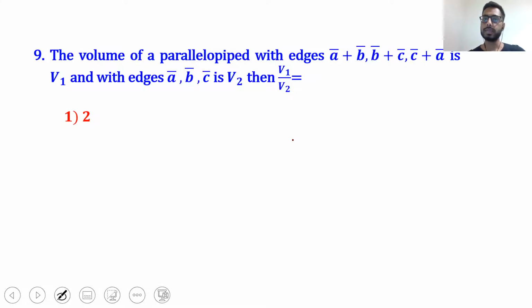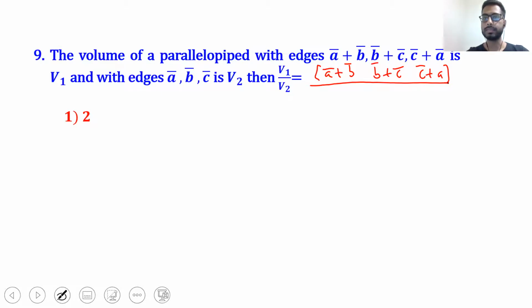Volume of a parallelepiped with edges is given this, and V2 is another parallelepiped which has edges A, B, C. We have to find the ratio of V1 to V2. So what would be volume 1? Edges are A plus B, B plus C, and C plus A, divided by volume 2.